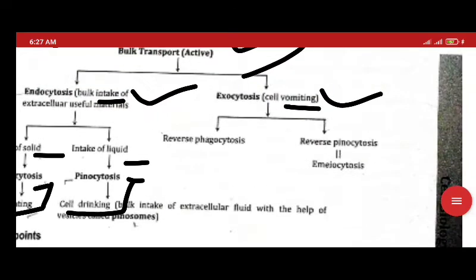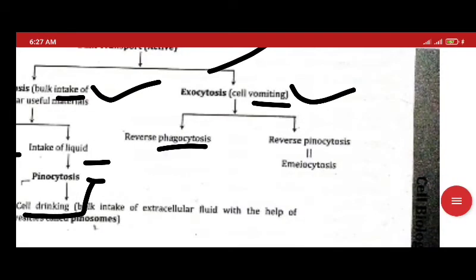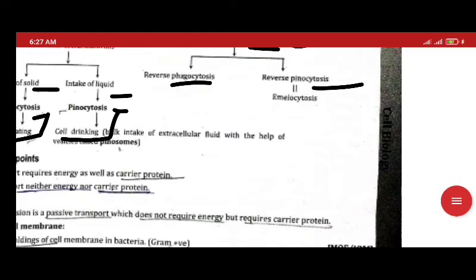Exocytosis is reverse phagocytosis and reverse pinocytosis.